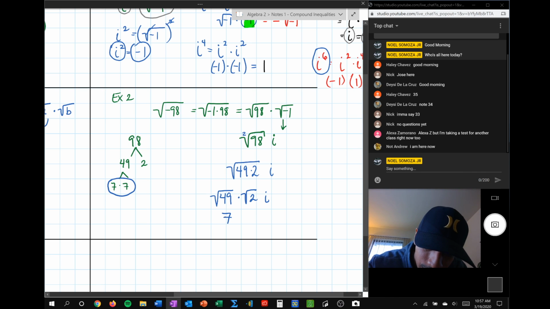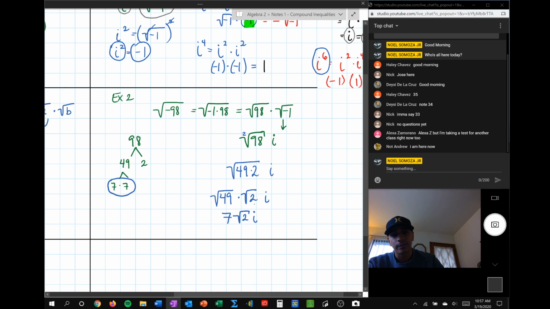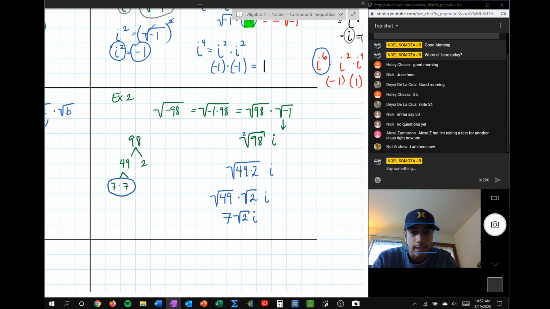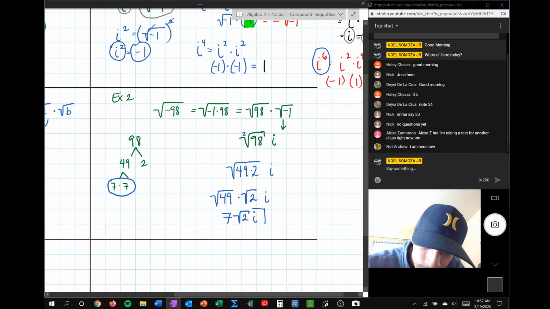So now you end up with just 7. Square root of 2 can't be simplified any further, so then it's just square root of 2, and you cannot do anything with the i besides just bring it down. So then this is the simplified version of the square root of 98i. It's 7 times the square root of 2i, and then that ends up being your simplified expression.